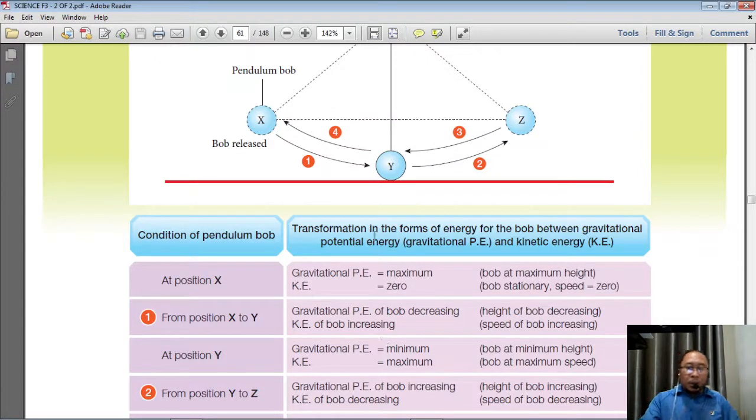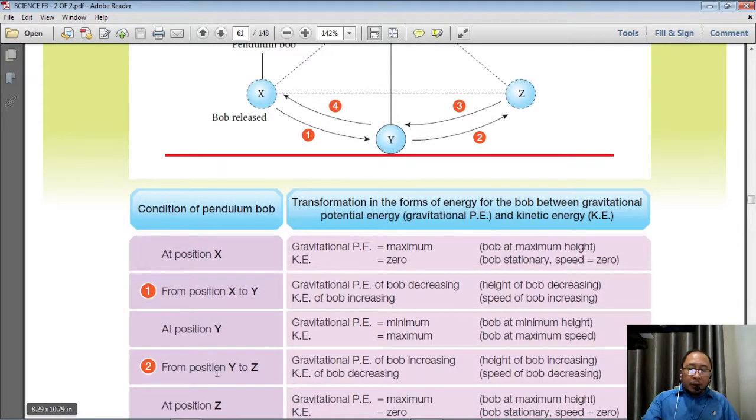So when moving from Y to Z, gravitational potential energy will increase and kinetic energy will decrease. You can see from here.